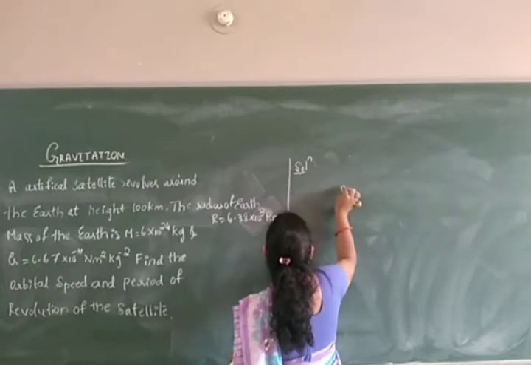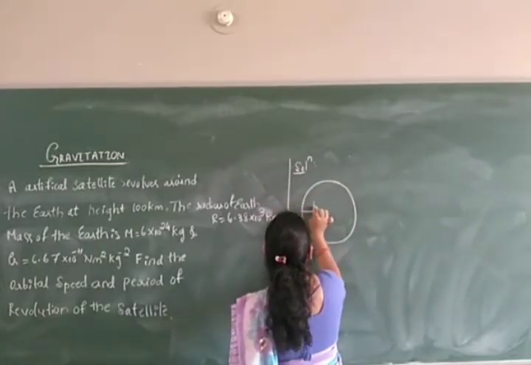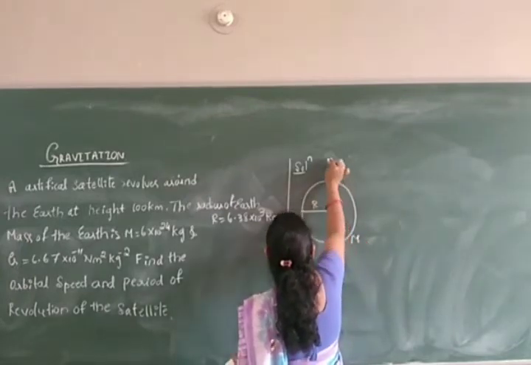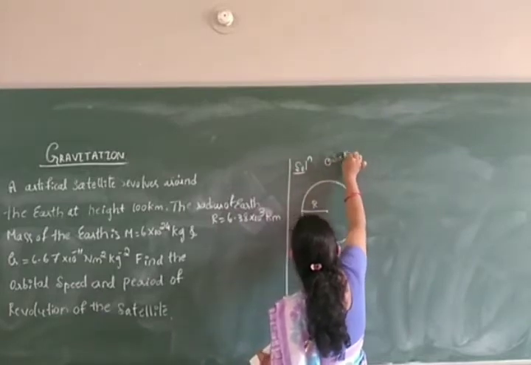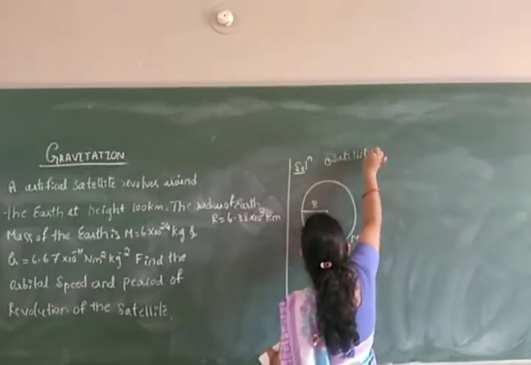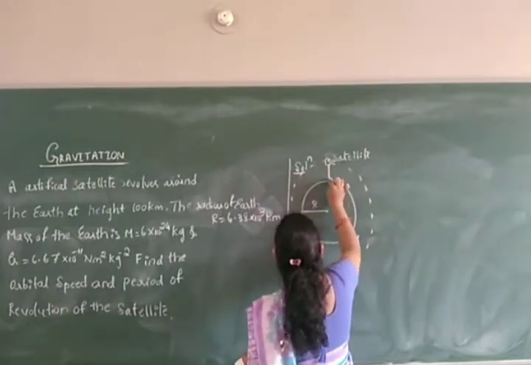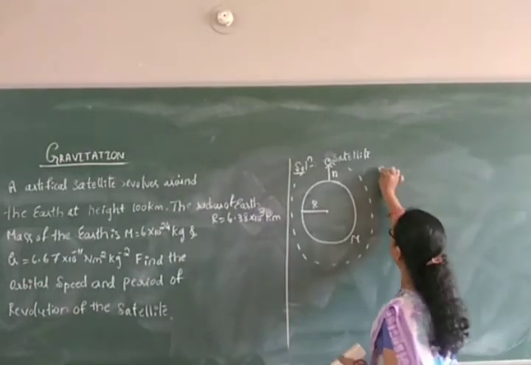Before that, let us consider the earth having radius R and mass M. The satellite is an artificial satellite revolving around a circular path at a certain height. What is this height?